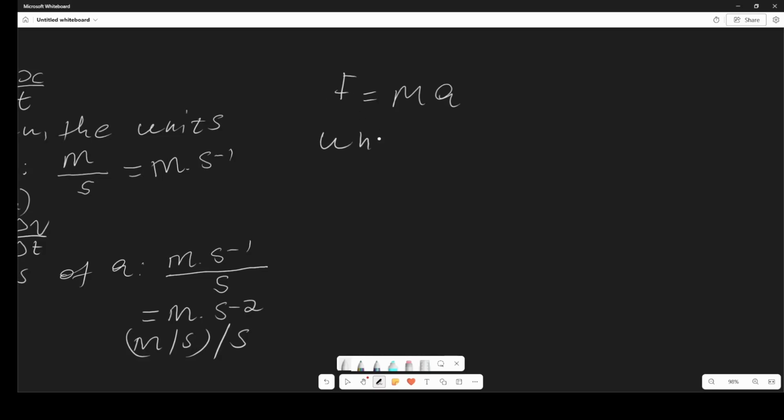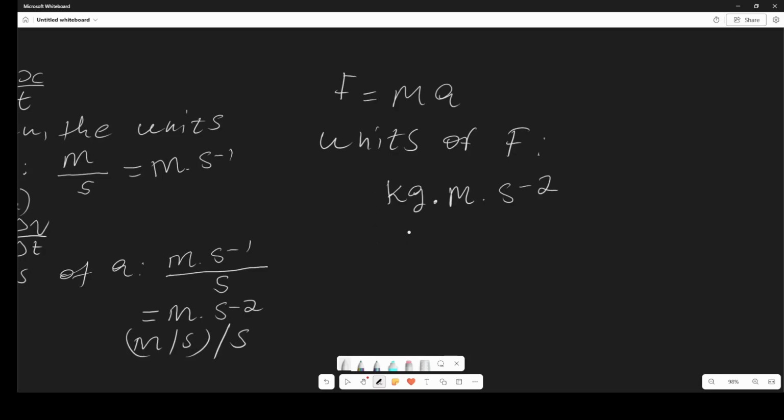The units of F are, according to this definition, if I define the force to be mass times acceleration, then in the place of mass, the units of mass is kilograms. Then I multiply that by the units of acceleration, which is meters per square second.